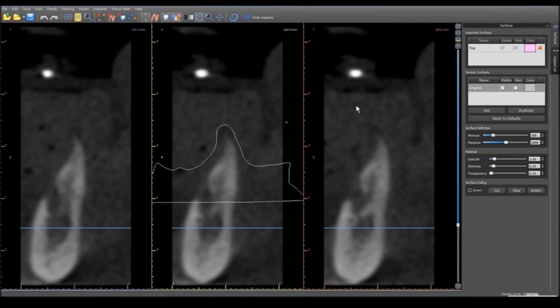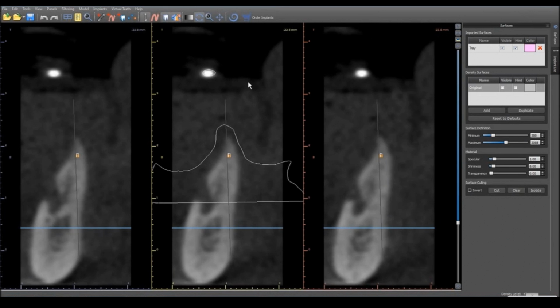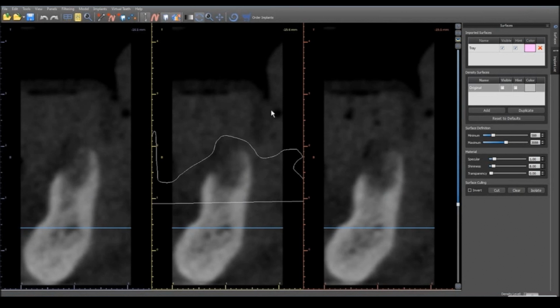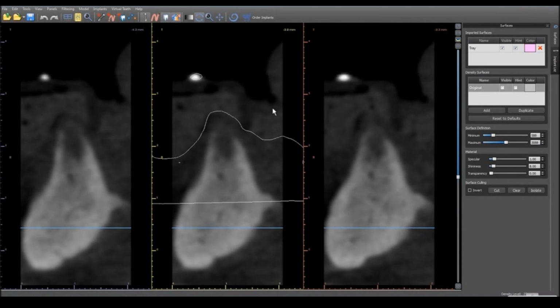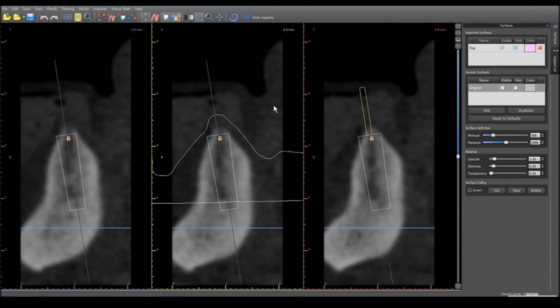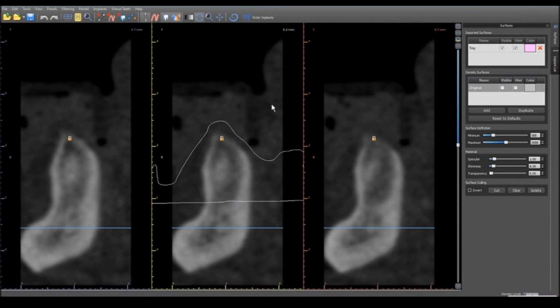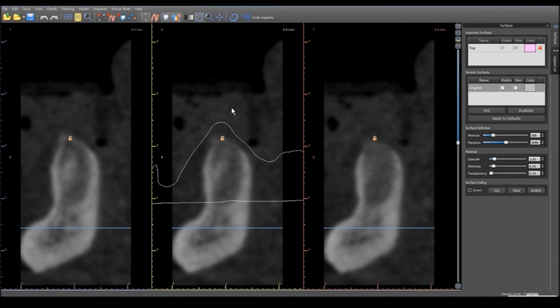Now, the guide that was used, and I don't show this here, we use 3 bone screws to secure this guide. And the bone screw positions are planned exactly the same way as the implants are planned. So we did put a bone screw right through here, horizontally. We had another bone screw, I think, right about here vertically.